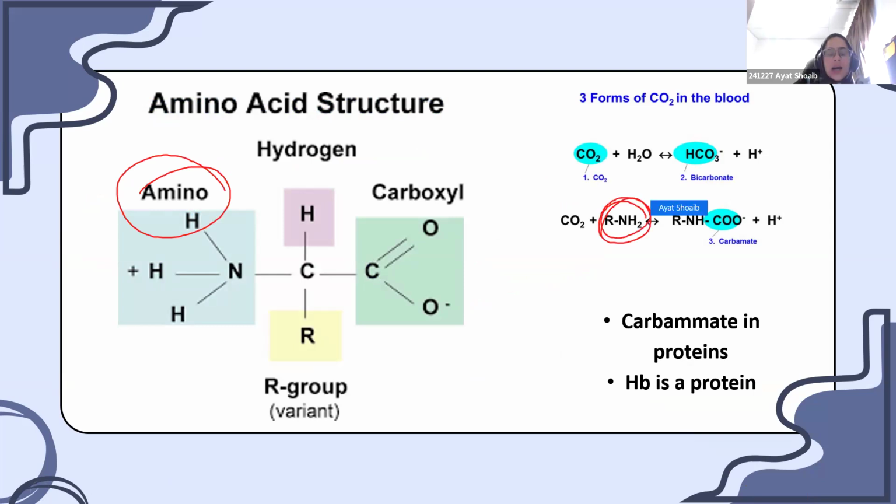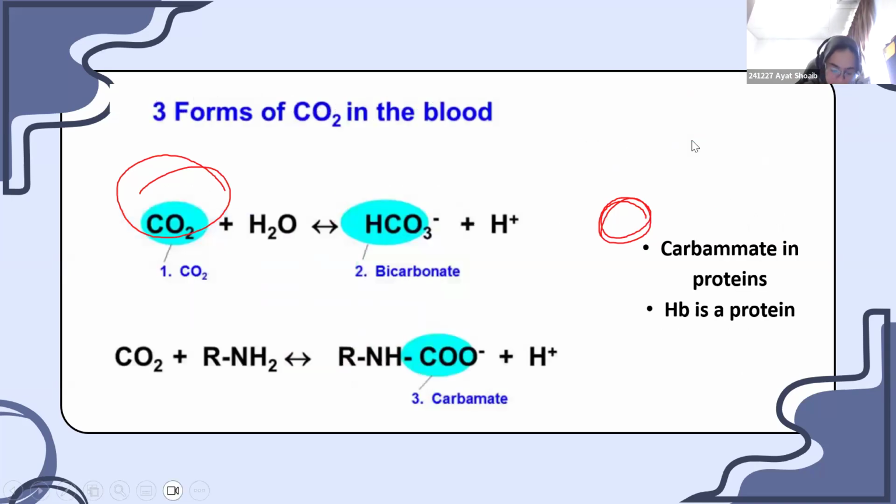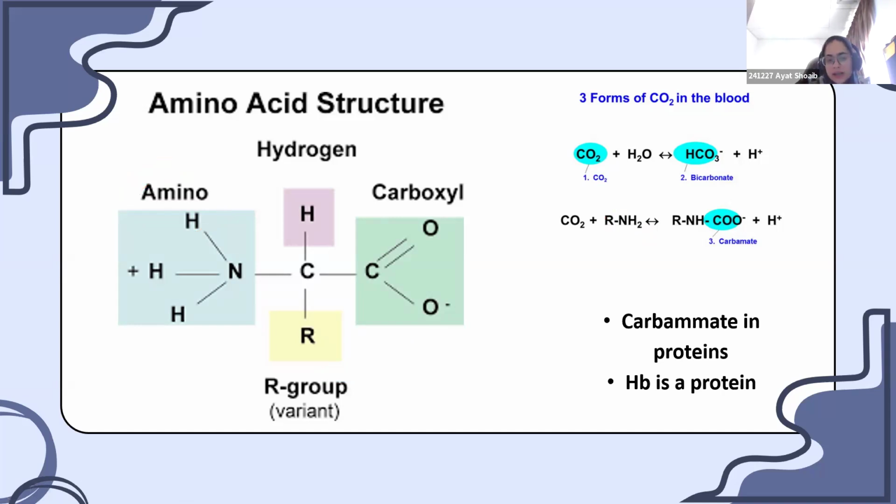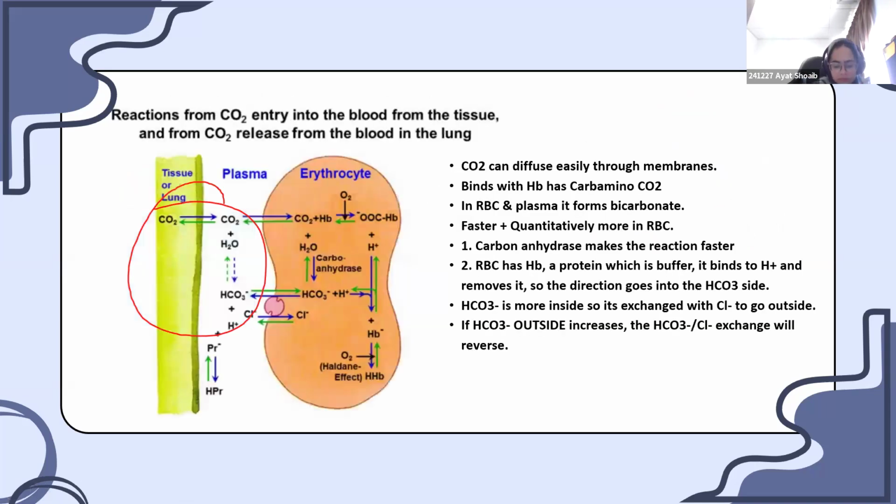So carbamino is basically carbamate. Carbamino, because the amino acid has this amino group, and so it's basically carbamate.